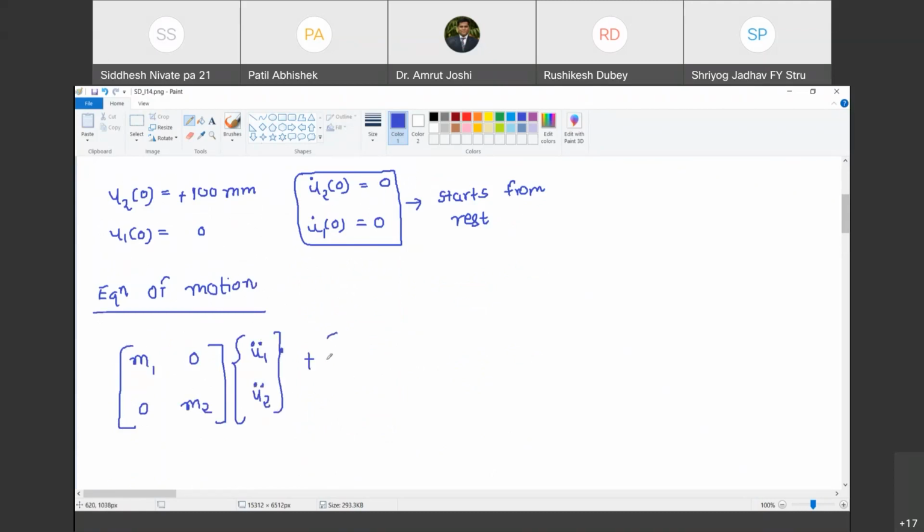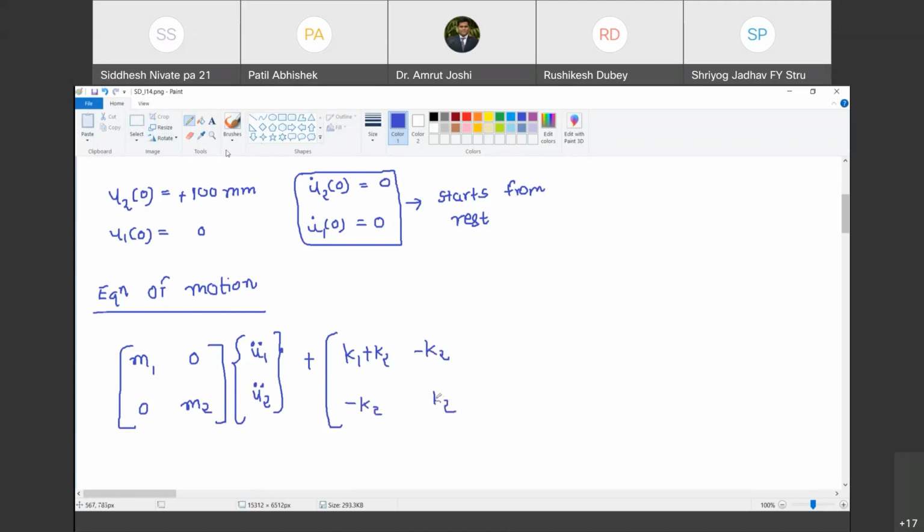Plus the stiffness matrix: K1 plus K2, then the second element is minus K2. This is also minus K2 and this is K2.